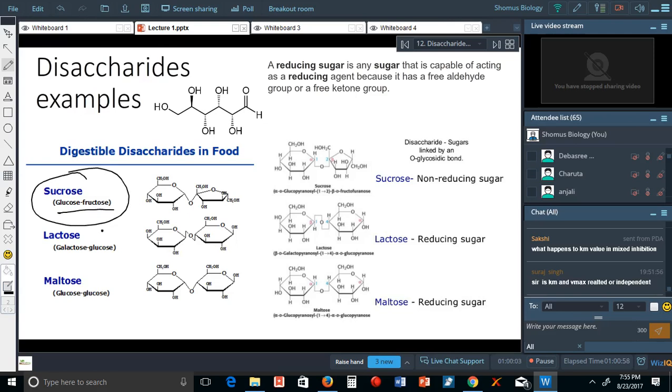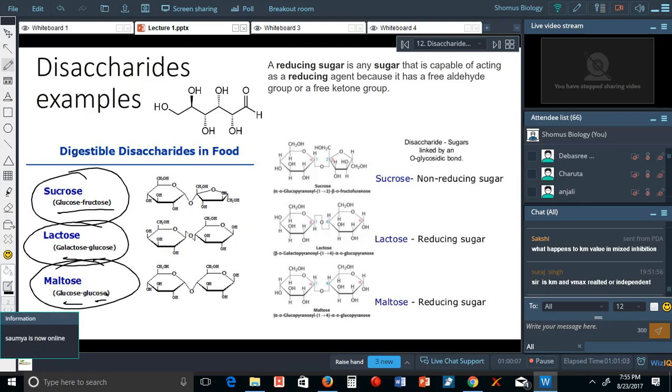For example, sucrose is produced from glucose and fructose, lactose is from galactose and glucose, maltose is from glucose and glucose. But these bonds are different. Sometimes a bond is alpha 1,4 or beta 1,4, beta 1,2. These are the different types of links that we see. For example, lactose is the bond between galactose and glucose, and it's a beta 1,4 kind of bonding, beta D galactose with alpha D glucose.